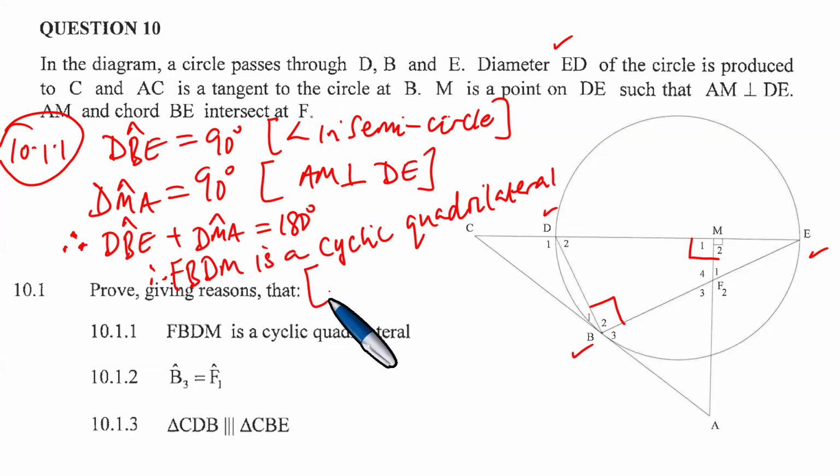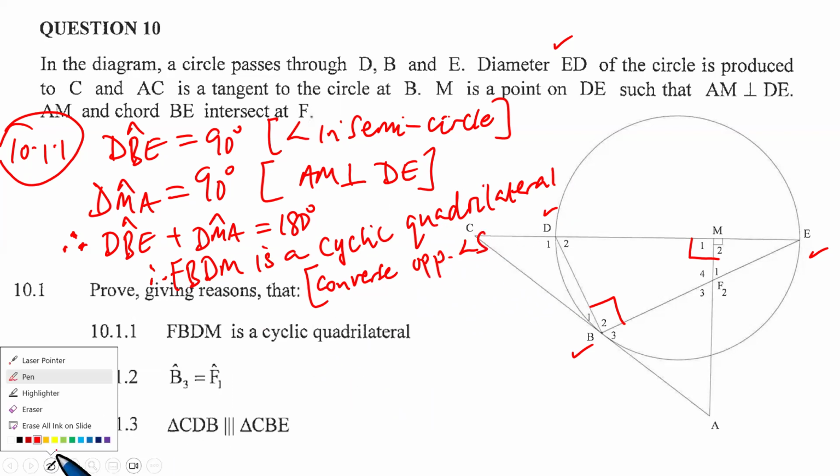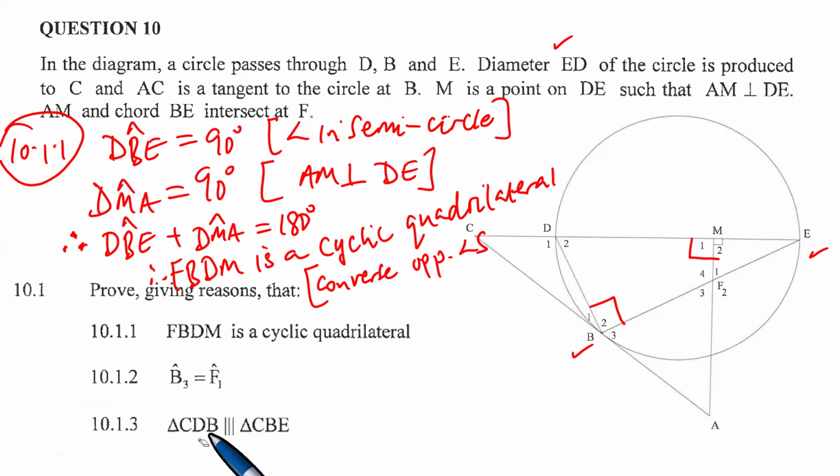Why is it a cyclic quadrilateral? The reason is converse opposite angles, cyclic quad.